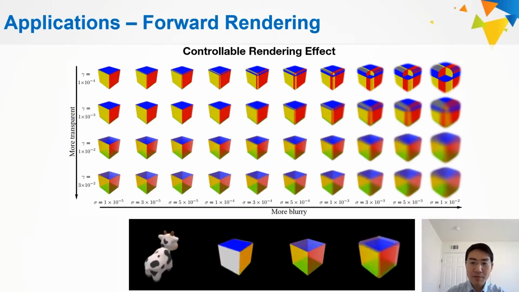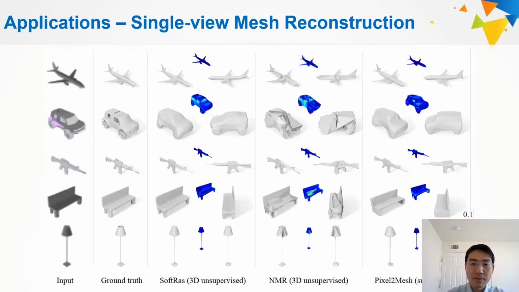So here are some differentiable rendering reconstruction results. We can see that by setting different parameters, we can have quite different results.